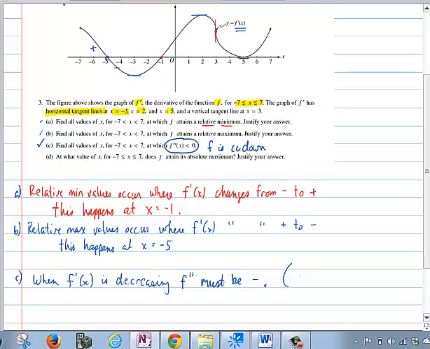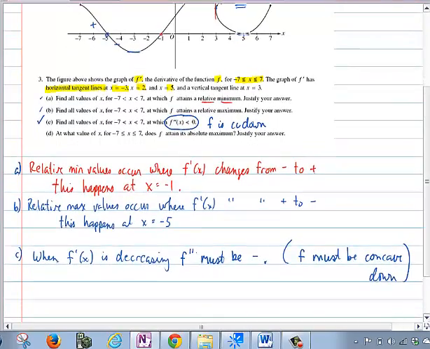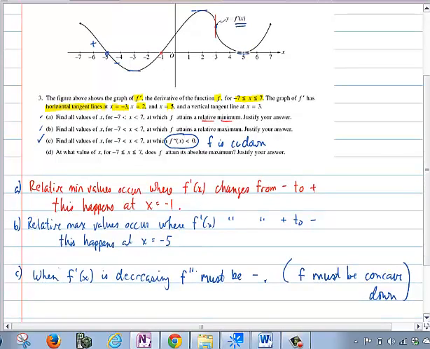And in parentheses, I'm going to put, just so you know, f must be concave down, because this is a question that they could also ask on the AP test. Instead of asking you about the second derivative, they could ask you, what is the function doing? So when f prime is decreasing, f prime prime must be negative, and now you would just state your intervals.